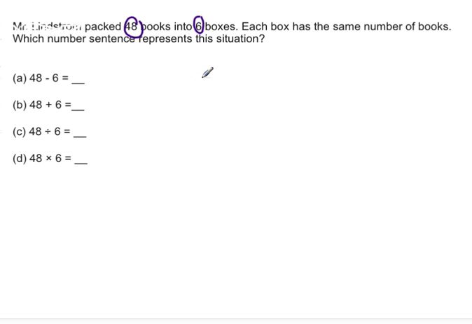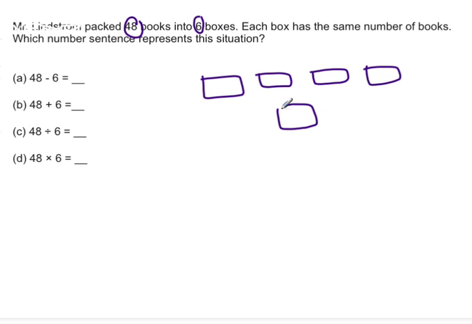So you can think about, okay, I have 6 boxes. And now I need to do something with the 48 books. Some of you may put tallies in each box until you get to 48. Or some of you may just think, okay, I've got 48 books and I've got these 6 boxes. What am I going to do? Well, ultimately, we're not subtracting.